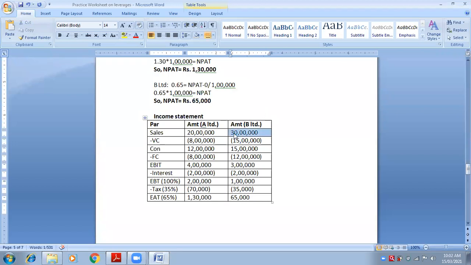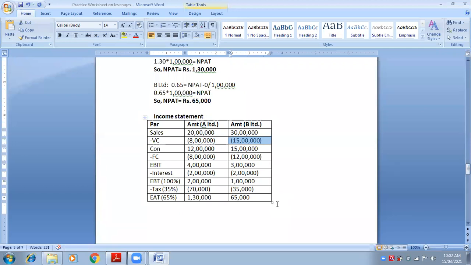Now, sales is 30 lakhs. 30 lakhs into 50% should be 15 lakhs. Is it there? Yes. So it is 15 lakhs, and we are done with the income statement.